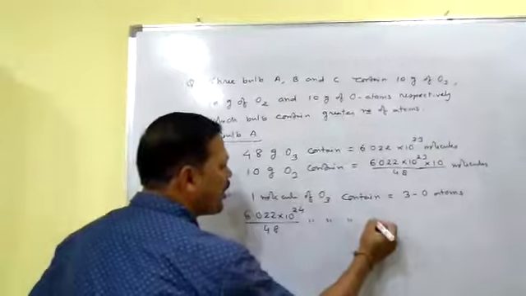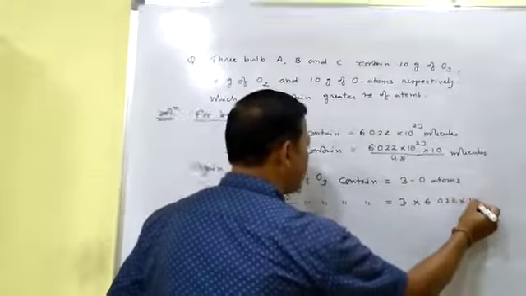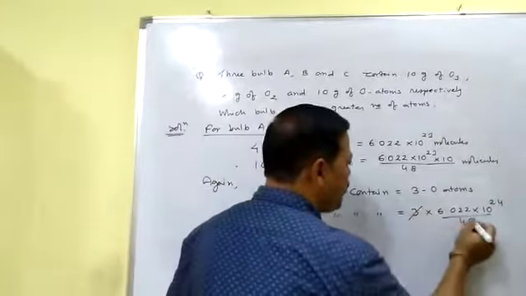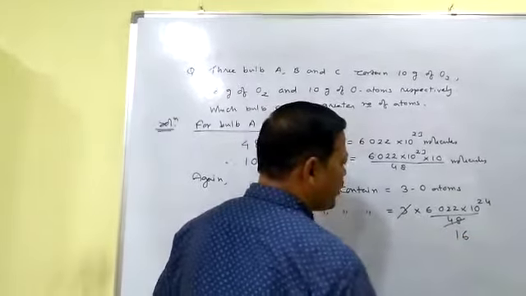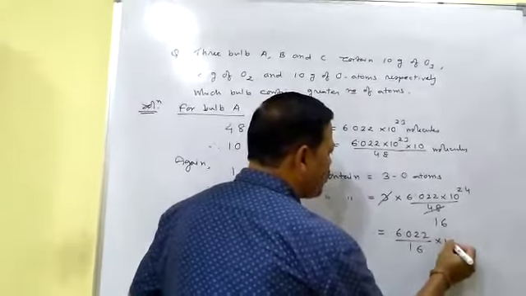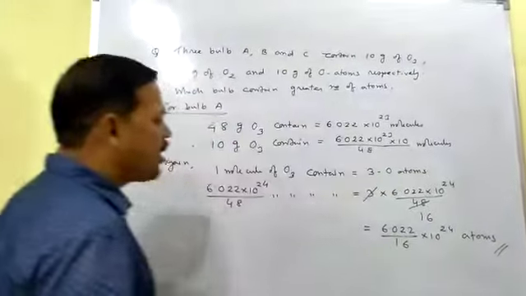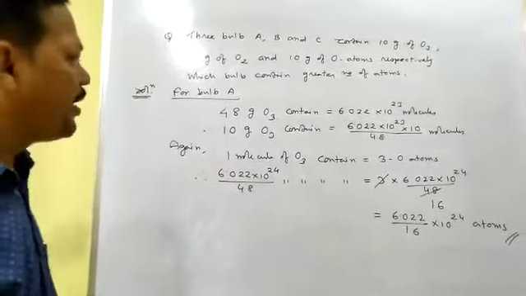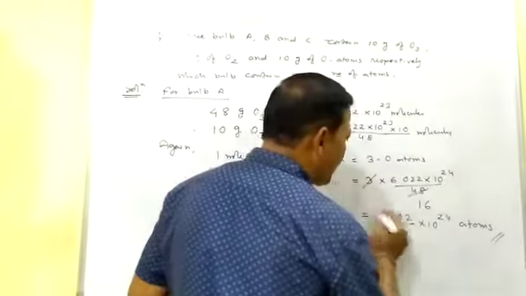Atoms in ozone are 3 into 6.022 into 10 to the power 24 divided by 48. So 3 and 48 cancel, you will get 16. That means 6.022 divided by 16 into 10 to the power 24 atoms. This is the number of atoms of ozone in bulb A.